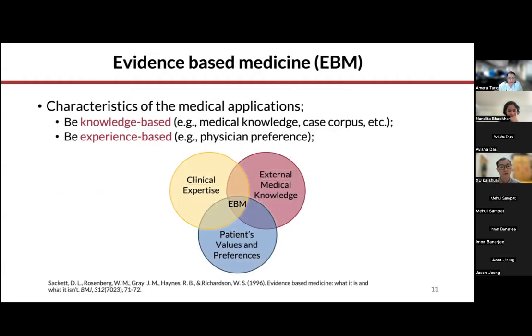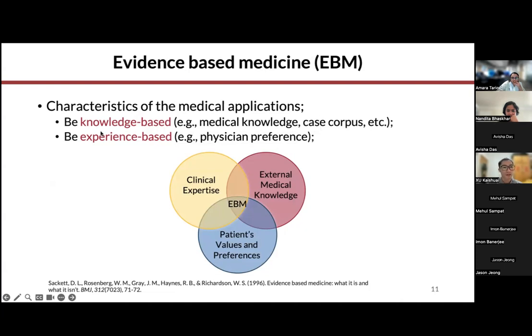Another perspective is from evidence-based medicine. This is a set of rules, or instructions, that require doctors to construct their decisions by following these rules. First is knowledge-based: your decision or behavior should be based on medical knowledge, on the case corpus, and so on.